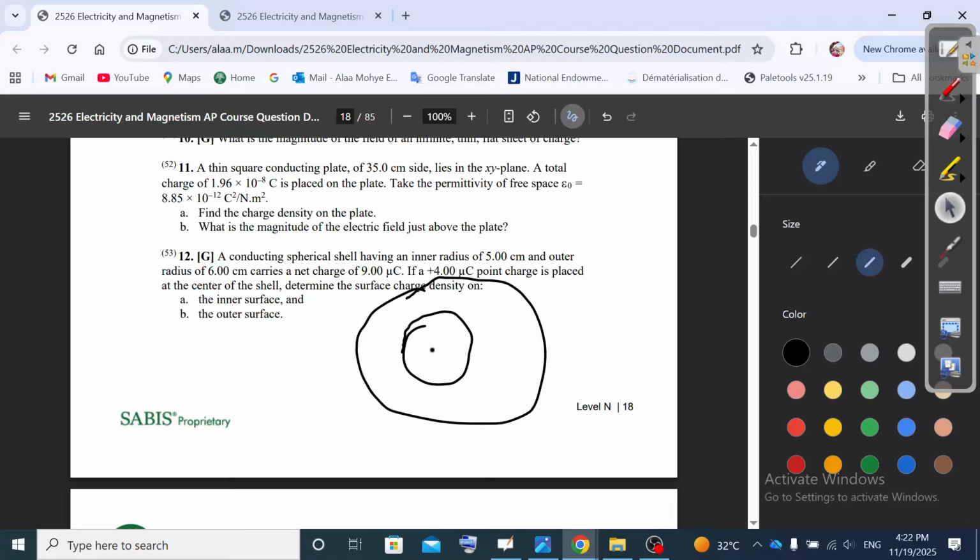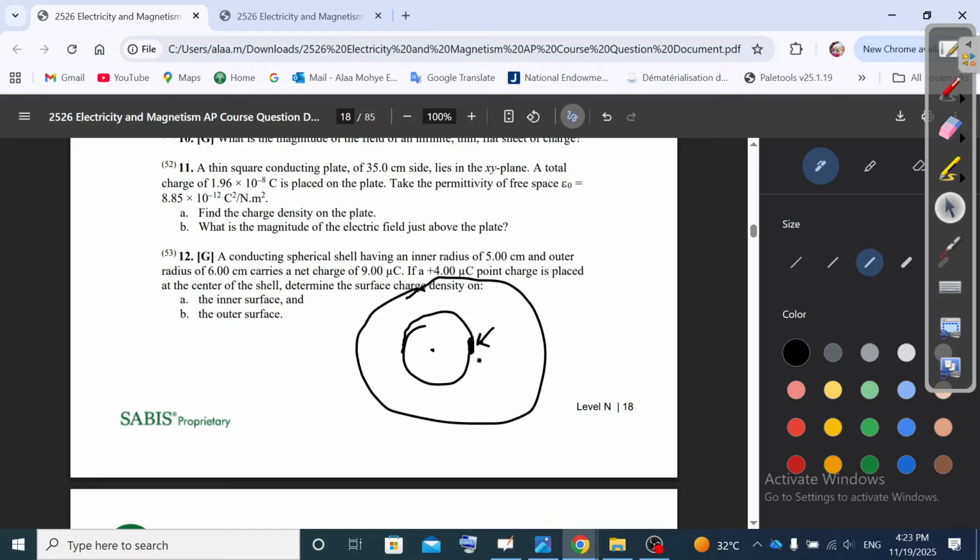Okay. They want to know the charge density from here. What's first? We need to find the charge on the inner surface.